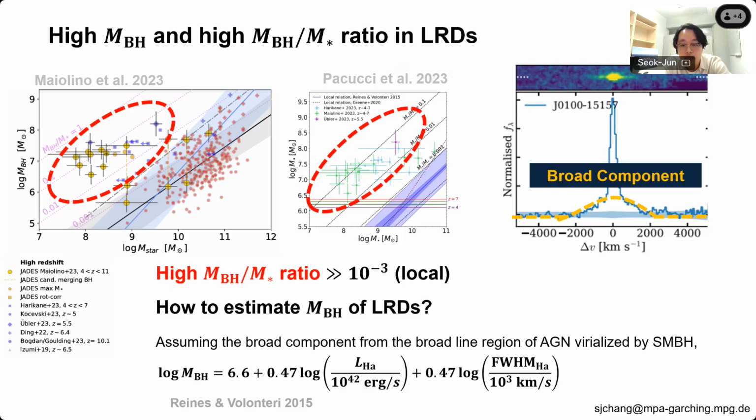In other words, this black hole mass estimation relies entirely on interpreting the broad H-alpha component as coming from the AGN broad line region.